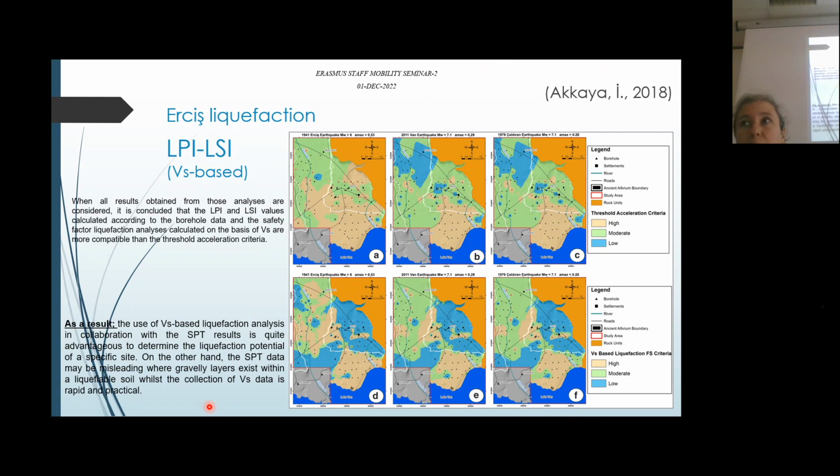So we prefer to emphasize VS data, and the VS approach would be critical for us in that sense. This would be another approach for liquefaction, or a liquefaction case history. So if you don't have any question, I will move on to another case study or event that I need to share with you.